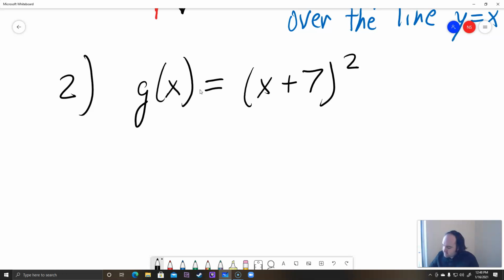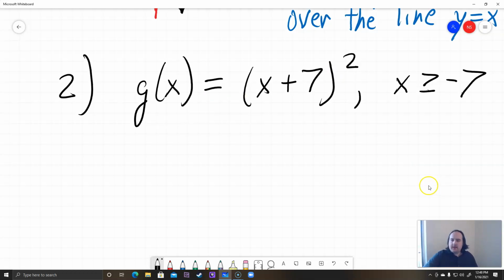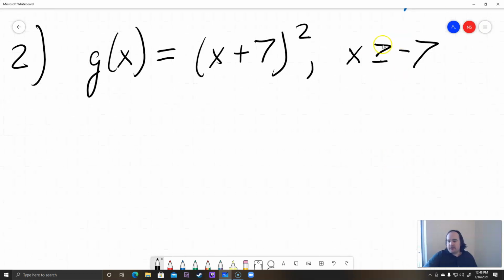And here they say something different. They say x is actually greater than or equal to negative 7. Now, why do they have to say that x is greater than or equal to negative 7?